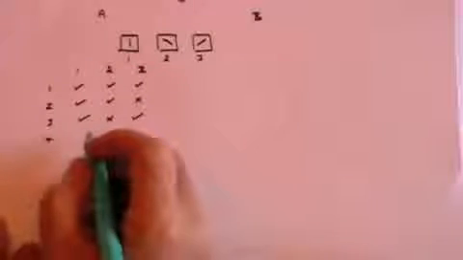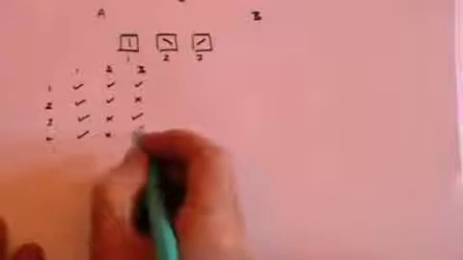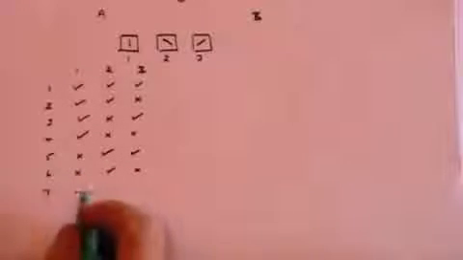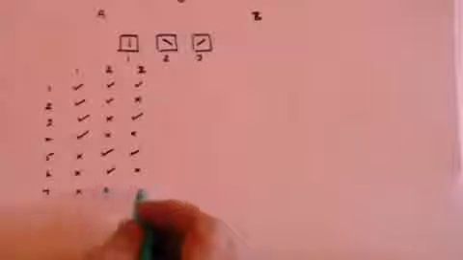The fourth possibility is you can go through 1 but not 2 or 3. The fifth possibility is that you can't go through 1 but you can go through 2 and 3. The sixth possibility is that you can't go through 1 or 3 but you can go through 2. The seventh possibility is that you can't go through 1 or 2 but you can go through 3. And the eighth possibility is you can't go through any of them.